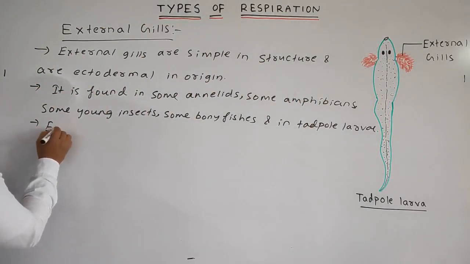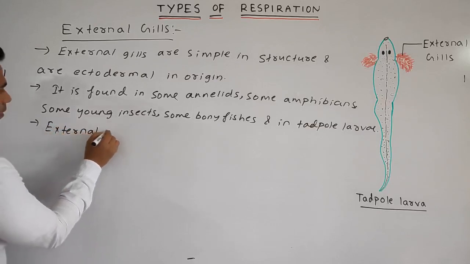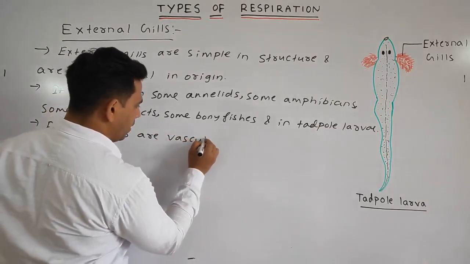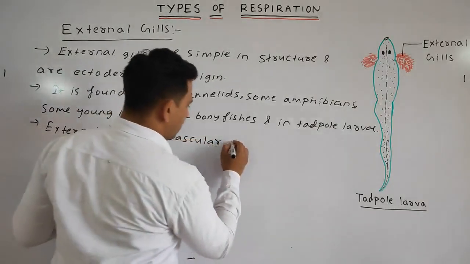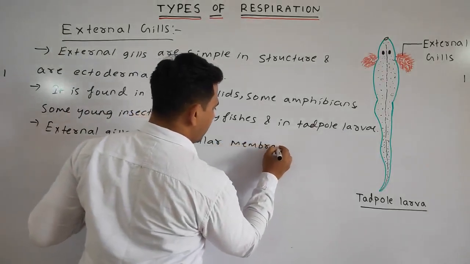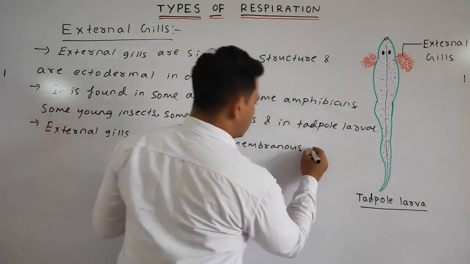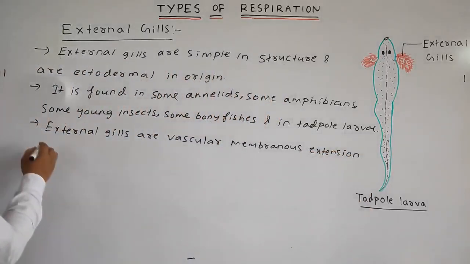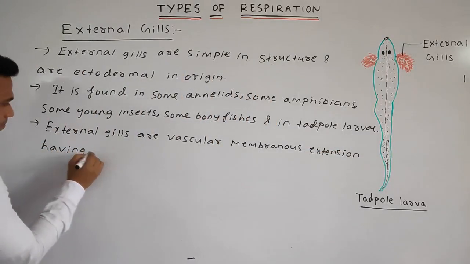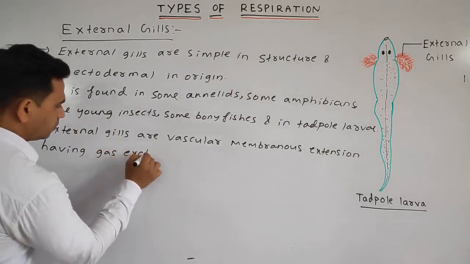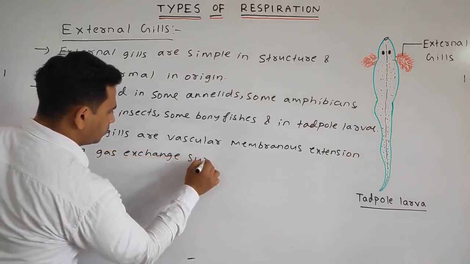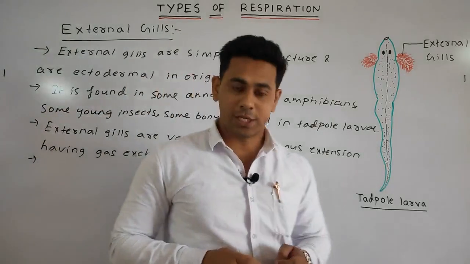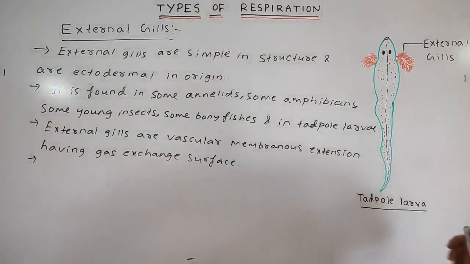The external gills are vascular membranous extension having gas exchange surface.